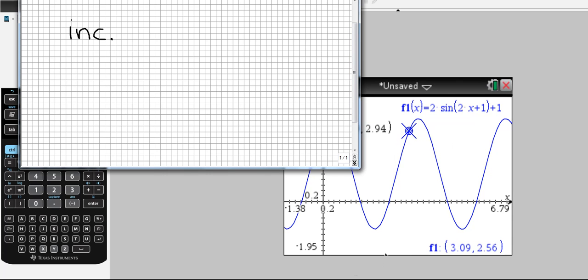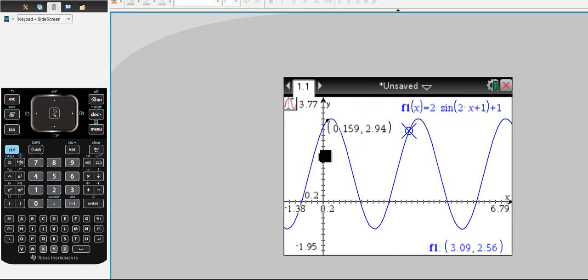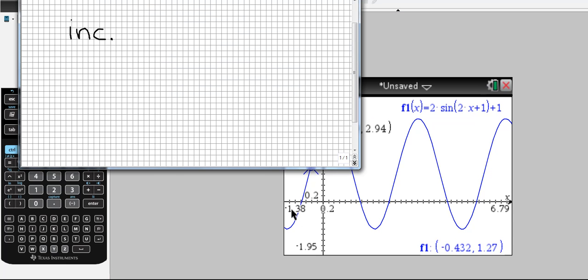So let's go back from x is equal to 0 up to the first maximum, 0.285. I'm going to write like this. We're not going to write like this.